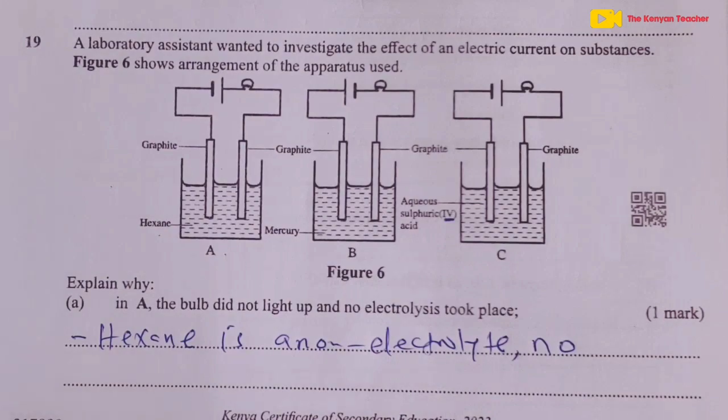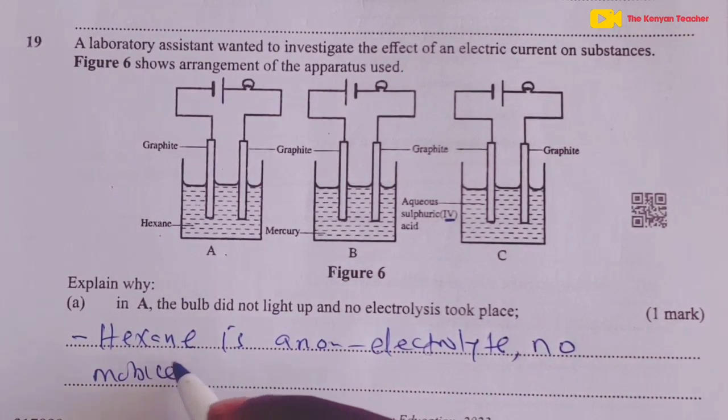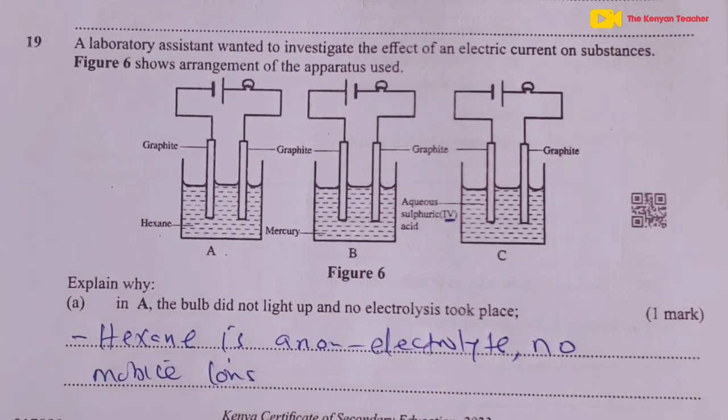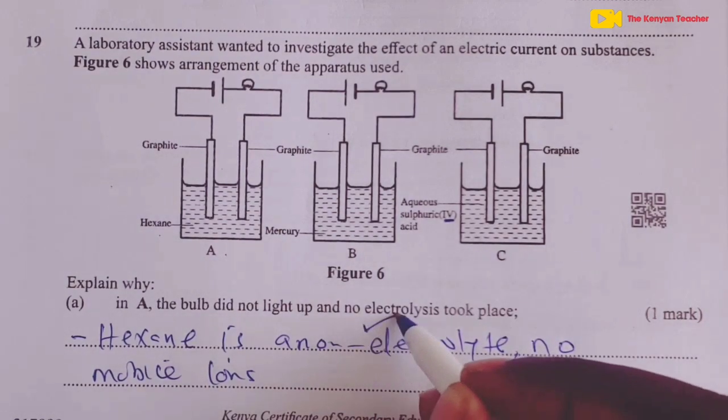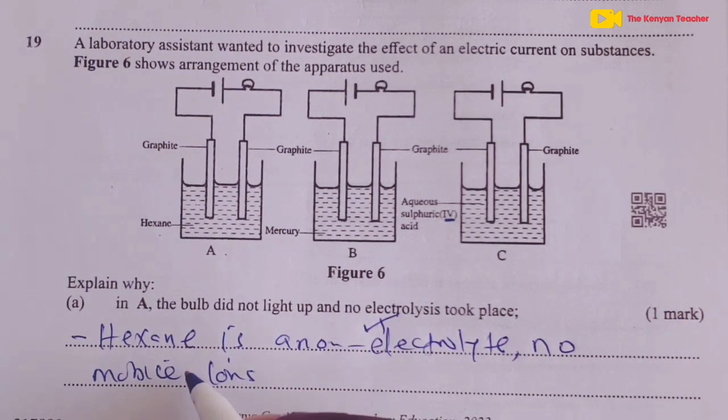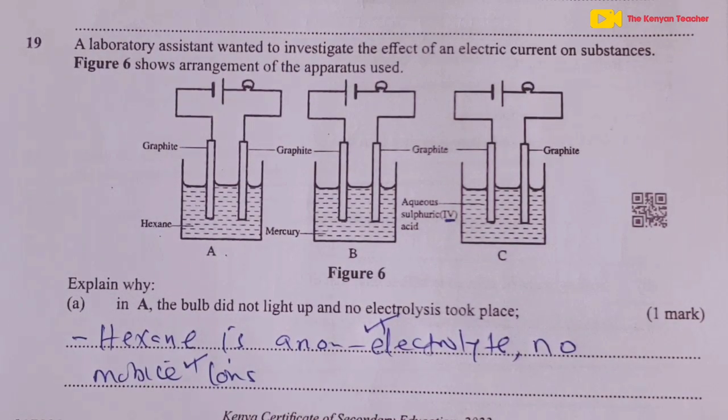It is a non-electrolyte because it has no mobile ions. By the way, hexane is molecular. So there would be no conduction of electricity and no electrolysis would take place. Non-electrolyte half, lack of mobile ions half, 1 mark.